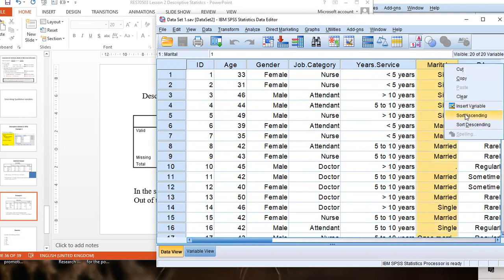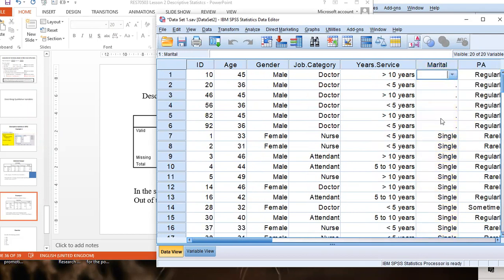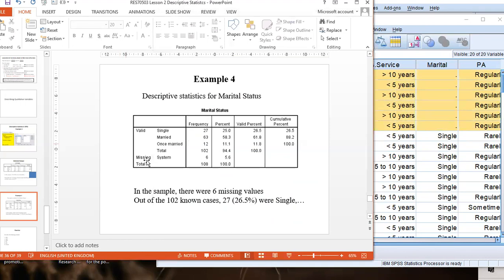You can see that 6 people did not disclose their marital status. So these 6 are the missing. This percent considers 108. So 6 over 108, 5.6% missing.